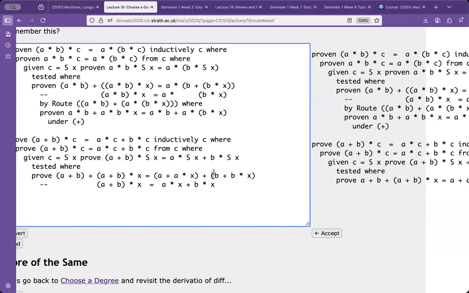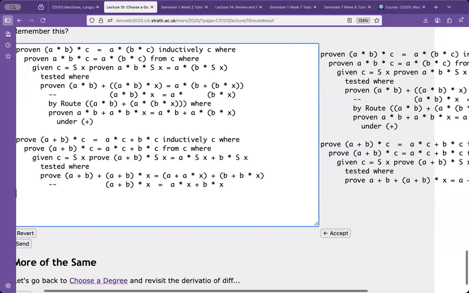I could get the A and the B next to each other if I do swap middle of four. And that would also get my A times X next to my B times X, which looks really quite good. So from the right-hand side, that's also a nice move.